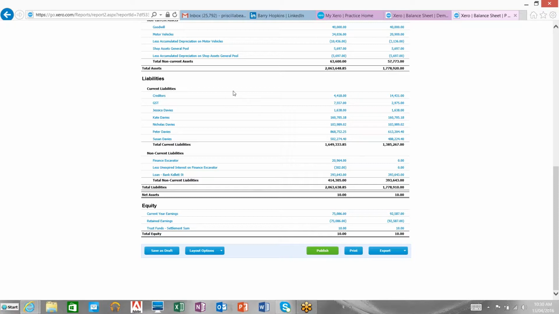Now, the liabilities, we can see that they don't appear in credits here. But this is just a conventional report. They should be credits, yes. They are all credits. And that's how we read the report.